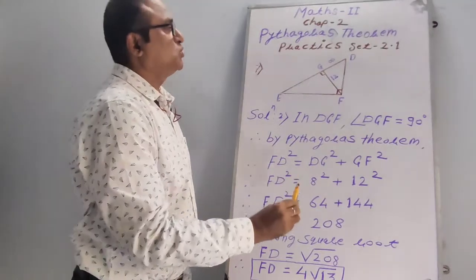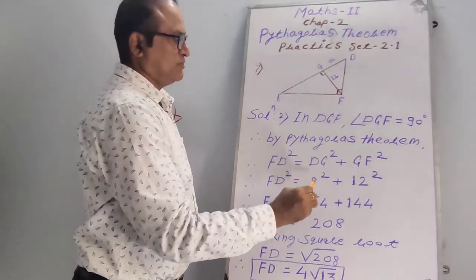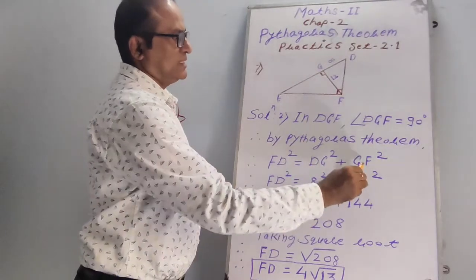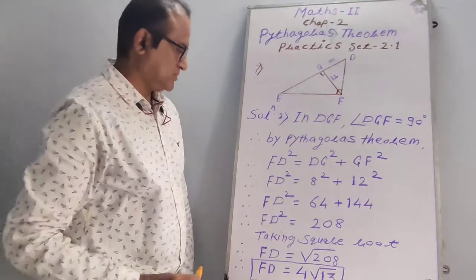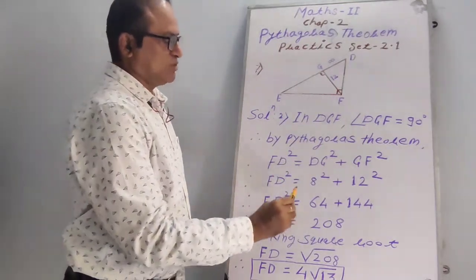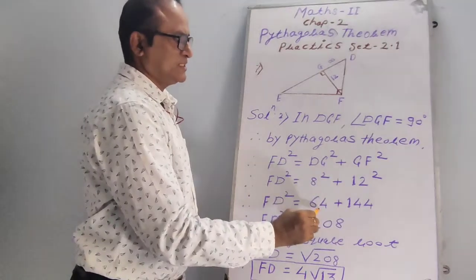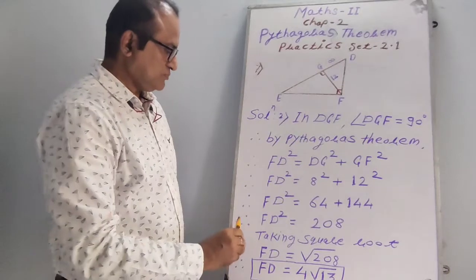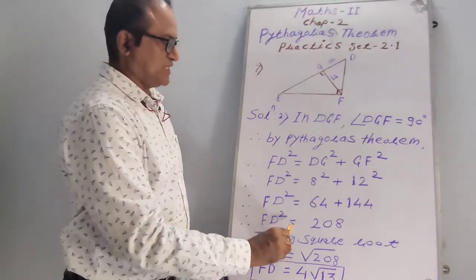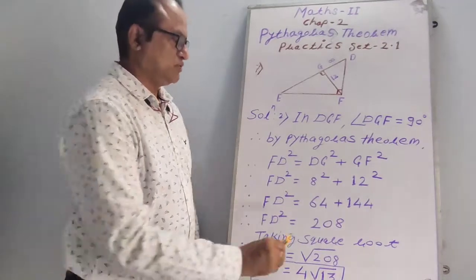Therefore, FD square is equal to 8 square plus 12 square. DG value is 8 and GF value is 12. Therefore, FD square is equal to 64 plus 144. 8 square is 64 and 12 square is 144. Therefore, FD square is equal to 208. 64 plus 144 is equal to 208.